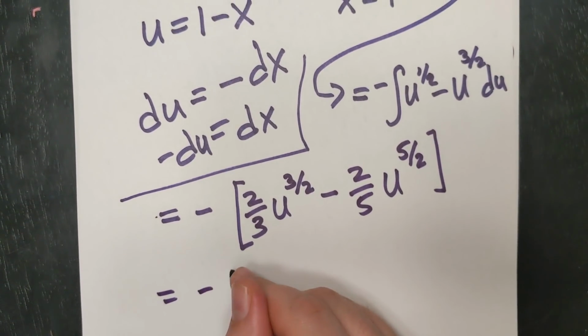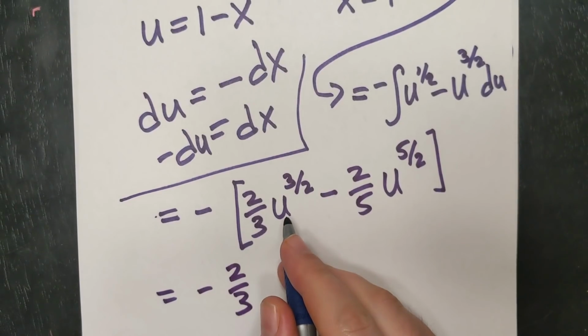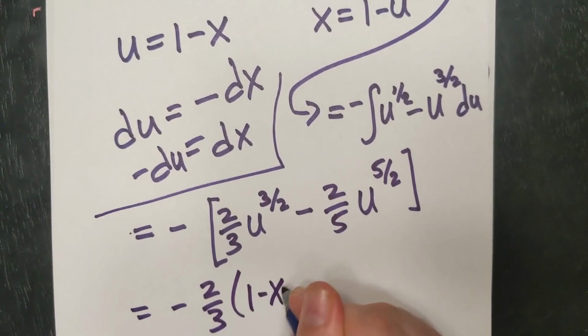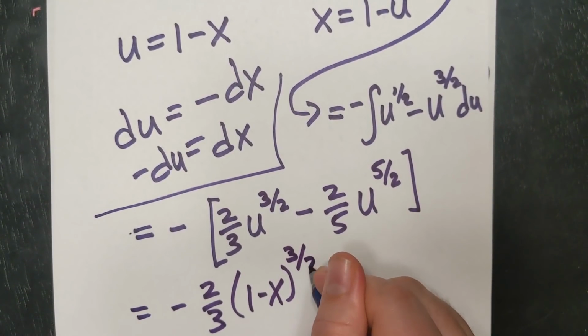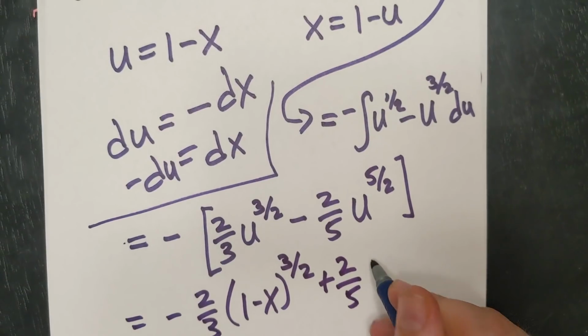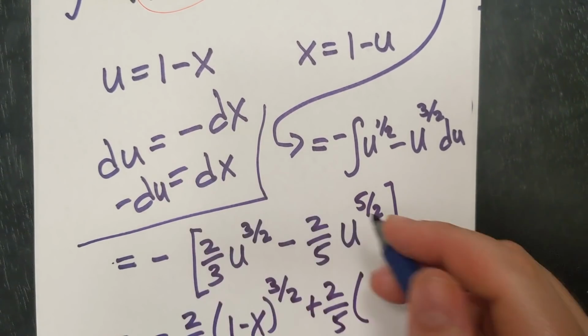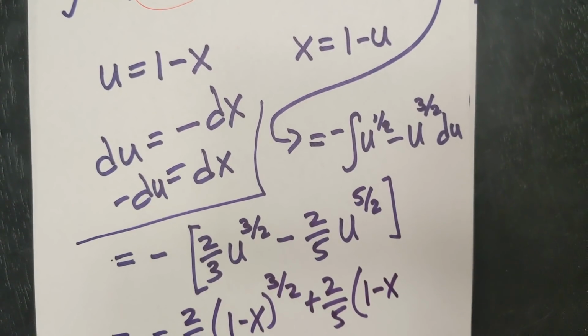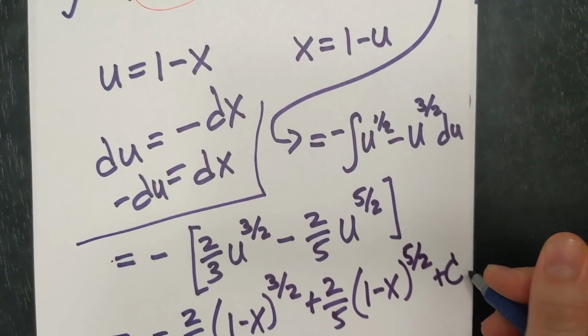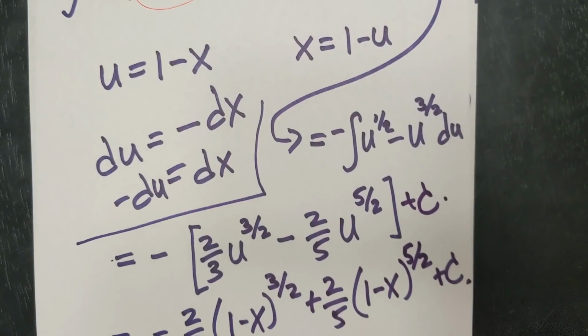So this is going to be negative 2/3. What is my u? Well, u is 1 minus x. So 1 minus x to the 3 halves. Negative, negative, plus 2/5. What is u? u is 1 minus x. 1 minus x to the 5 halves. Plus c. Just forgot my plus c.